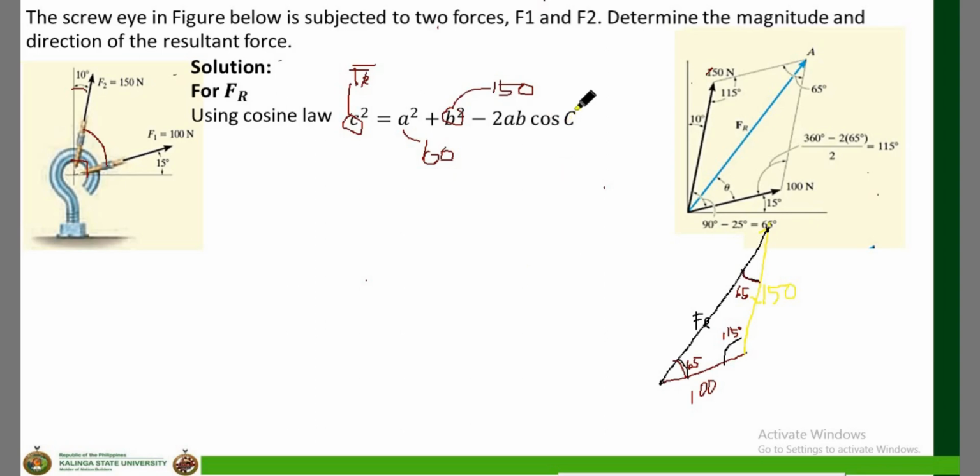The cosine of C is the angle opposite of FR. Notice that if side C is on the left side of the equation, the angle you consider must be the opposite angle.